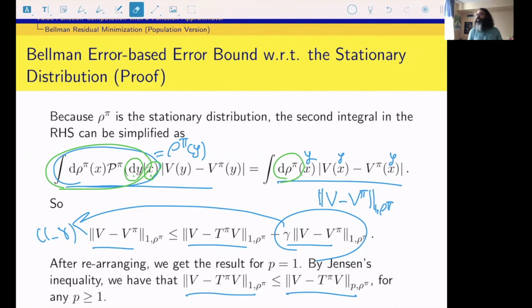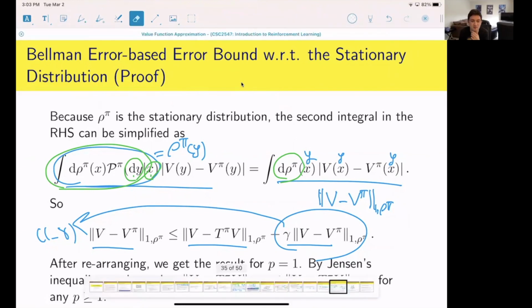Any other question? I guess I'm still wrapping my mind a little bit around the rho pi of x. So if you integrate d rho pi of x over all of x, does that evaluate to 1? Yes, it does. That would evaluate to 1. Okay.